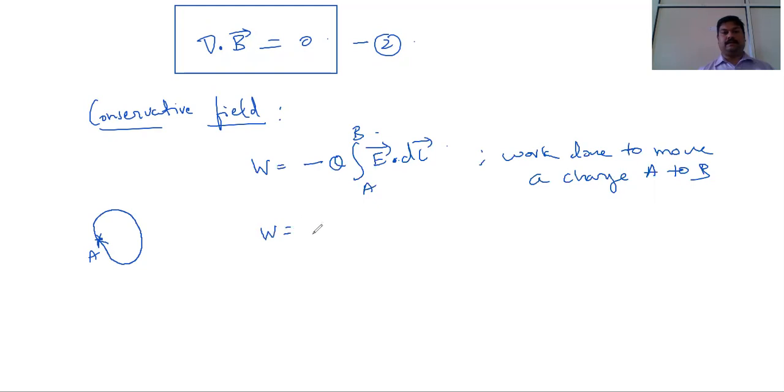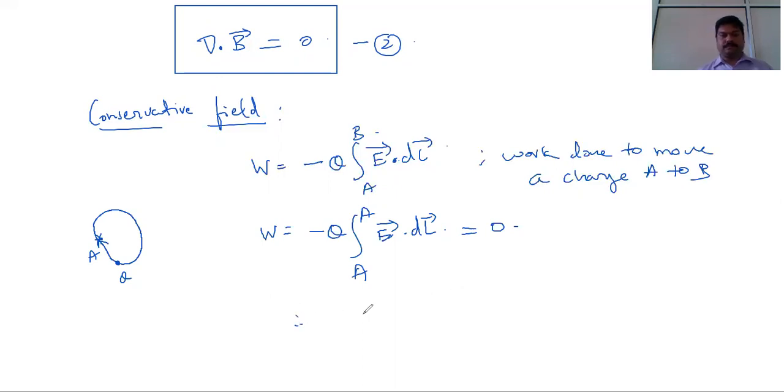What is the work done? Let us say the amount of charge Q traverses from here back to the same point. It starts from A and ends at A, E dot dl. So what is the work done? Basically, there is no work done. Work done is 0. Is it not?